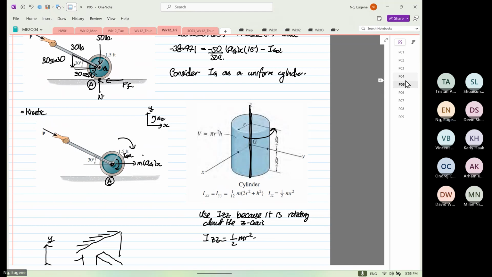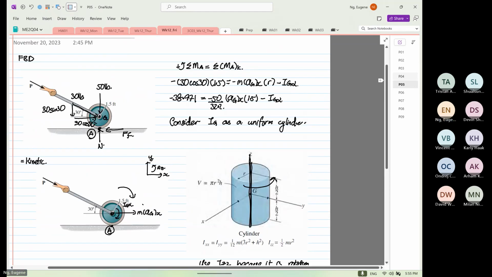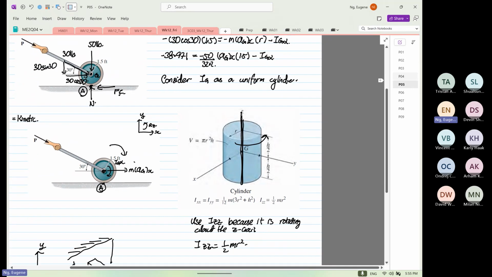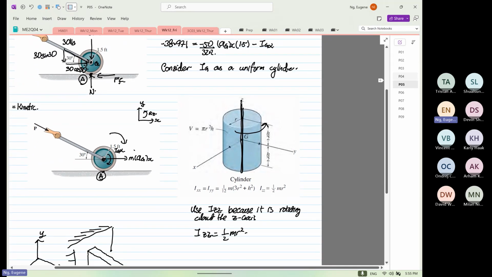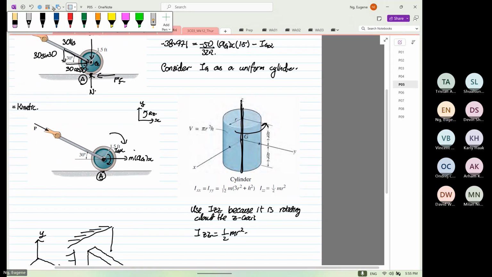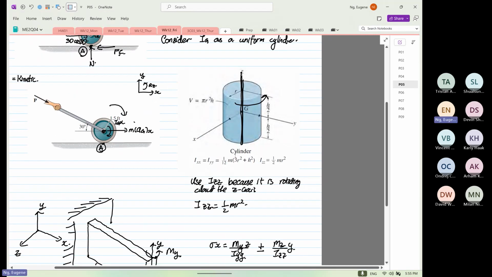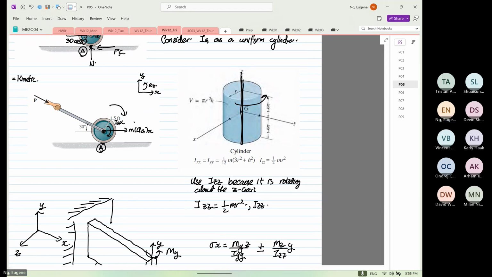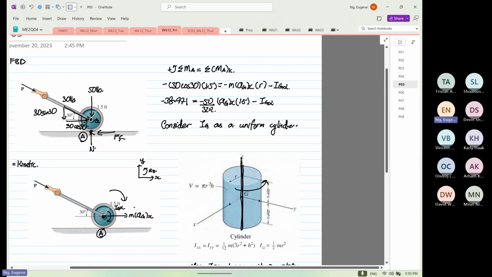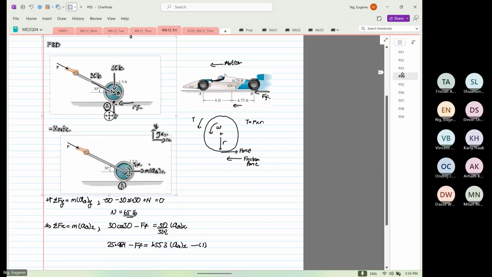Right. So from here, we are going to find our IZZ. So from here, IZZ is equal to half multiplied by our mass of what?